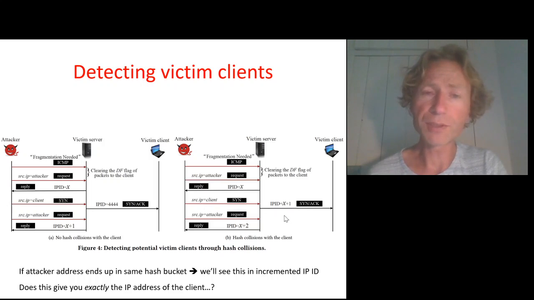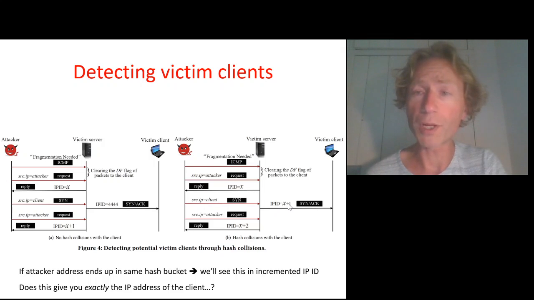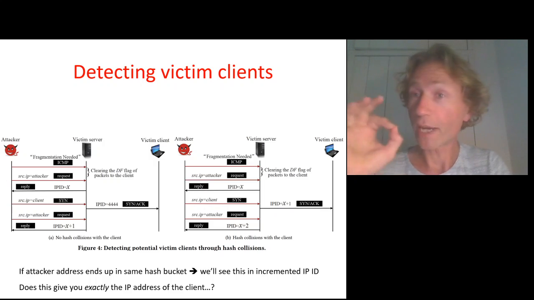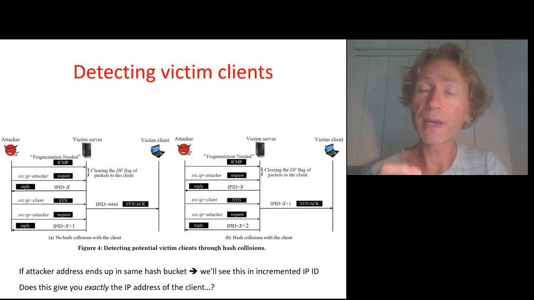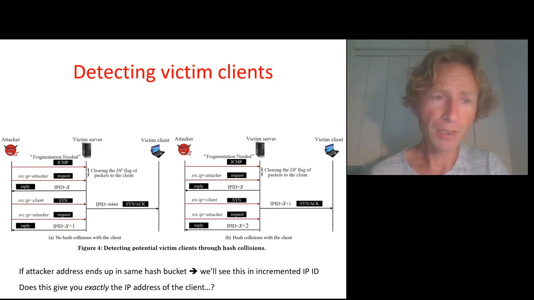Then the server replies to the victim client with a datagram that contains an IP ID that is the value that the attacker measured plus 1. That means that if the attacker subsequently measures this value again by sending a request and looking at the IP ID, it will be the old IP ID plus 2. And now we know that we actually are using the same hash bucket. So that's great.